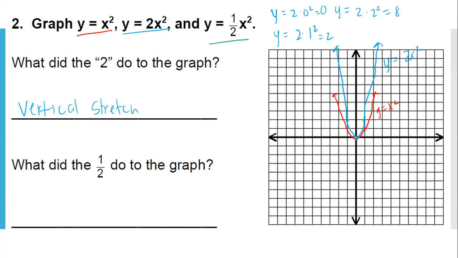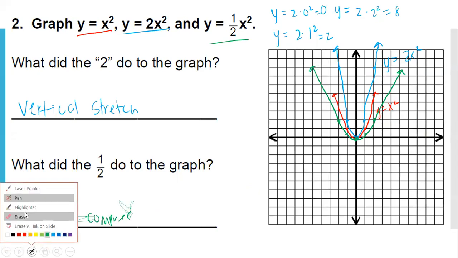Exactly. So 0 times a half is still 0, but 1 times a half is going to be 0.5, and 4 times a half is going to be 2. And what happened now? It compressed. You can say vertical compress, or shrink.